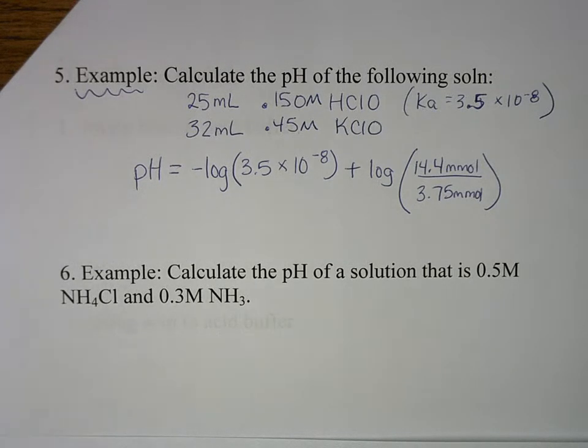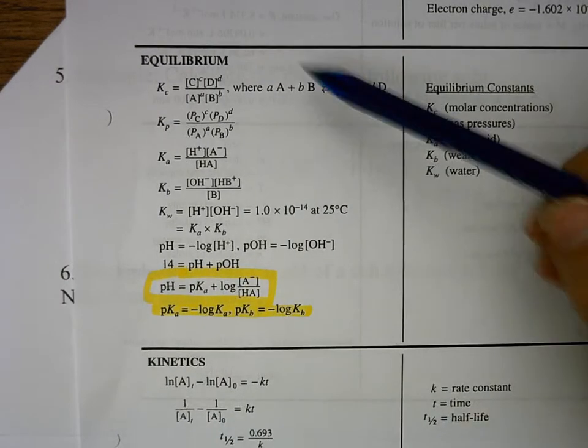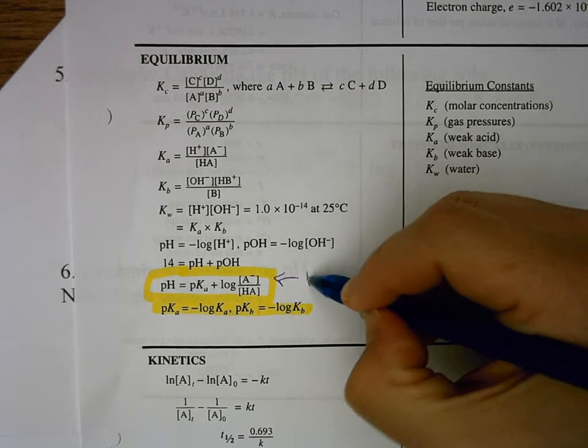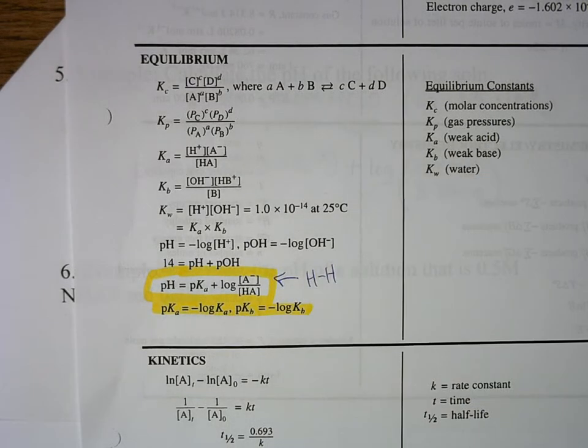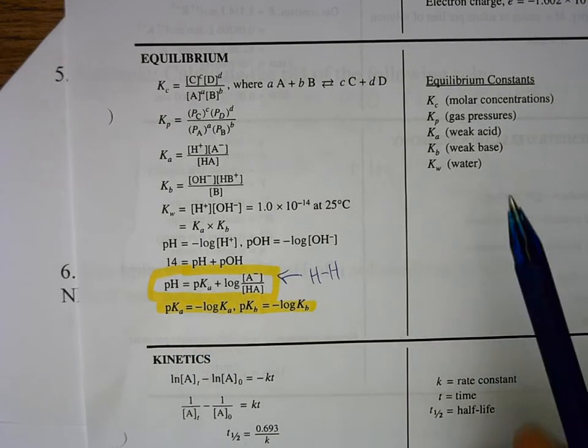And remember on your equilibrium section of your reference sheet, now you know this is the Henderson-Hasselbalch equation right there. That's given to you on the test, the AP test, your test here. You never have to remember it. You just have to know what it's used for, which is the pH of buffers. And it also tells you how to find pKa, which is the negative log of Ka.